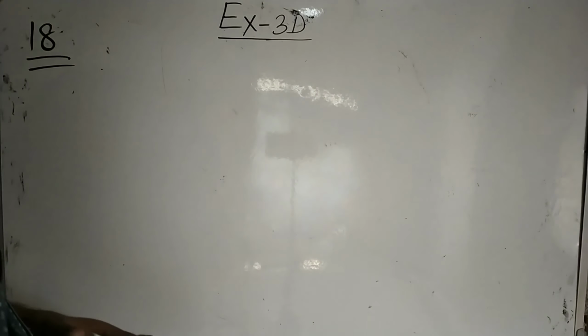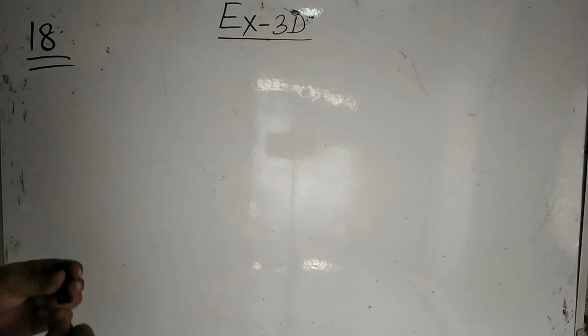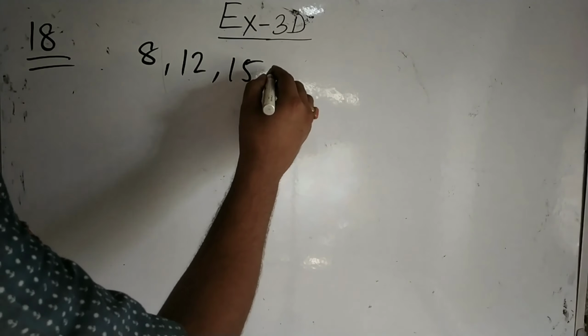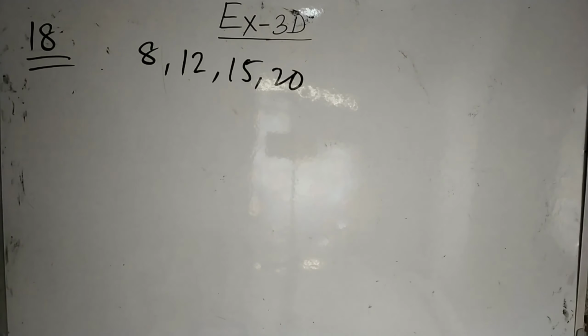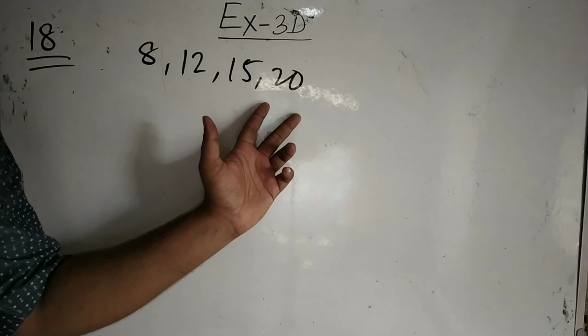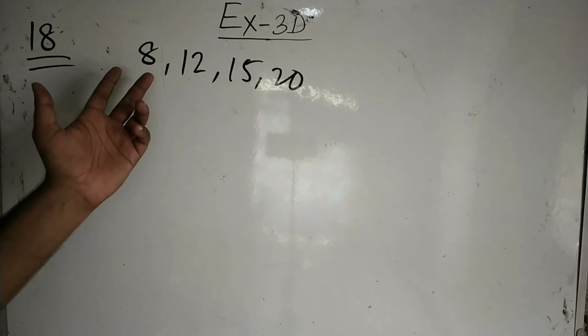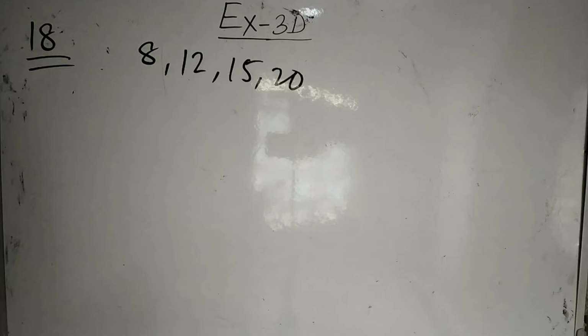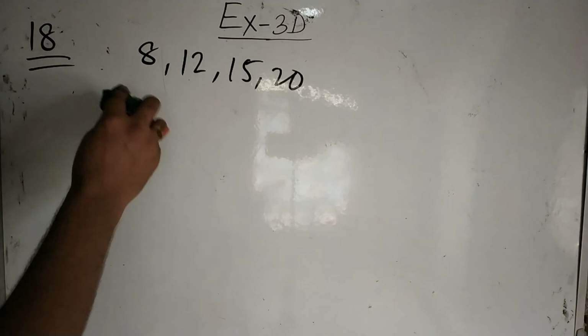Find the least square number which is exactly divisible by each of the numbers 8, 12, 15 and 20. Look, a number which is exactly divisible by these numbers. If the question was to find the least number which is divisible by these numbers, obviously it is the LCM. So first of all you have to find out the least number which is divisible by all these numbers.